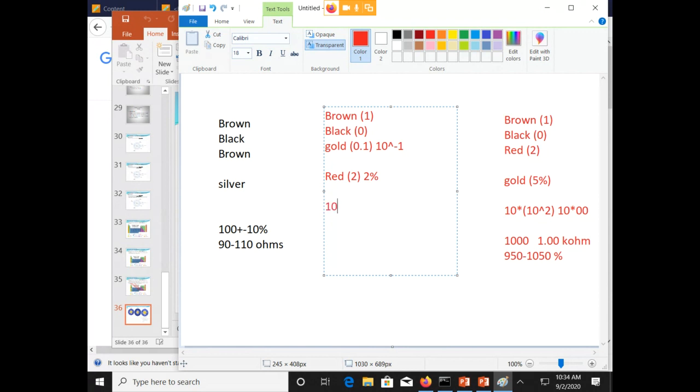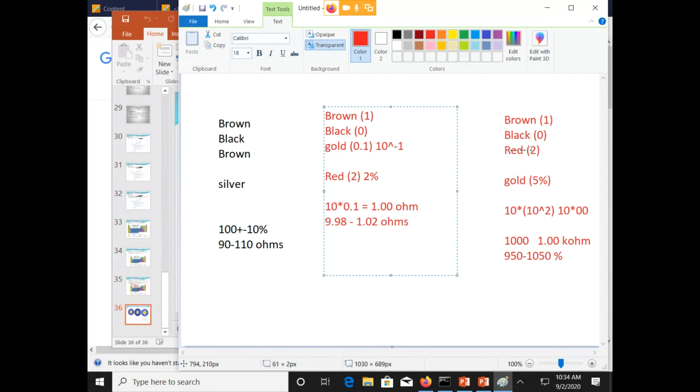So this resistor would be 1, 0 times 0.1, which would be 1.00 ohms. And the tolerance is 2%, so this resistor would be allowed to vary between 0.98 ohms to 1.02 ohms would be the variance of this resistor.